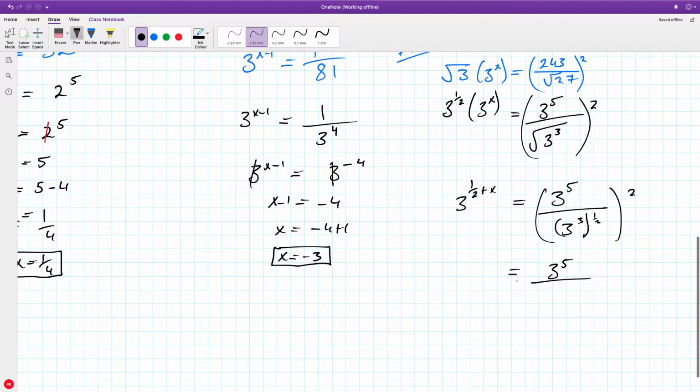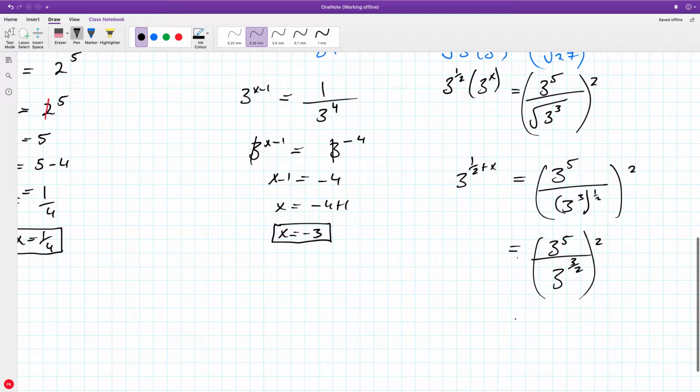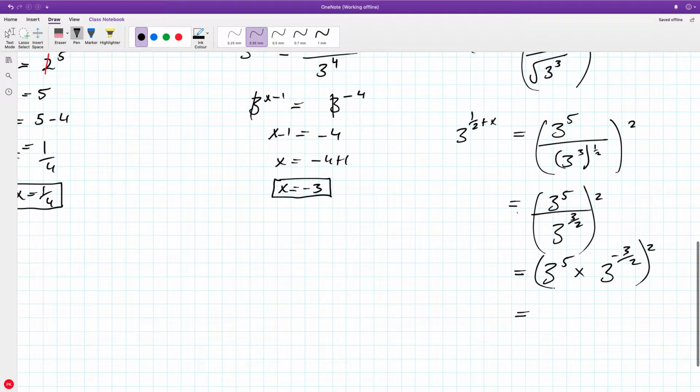Multiply. 3 by a half is 3 to the power of 3 over 2, all to be squared, which is equal to 3 to the power of 5 multiplied by 3 to the power of minus 3 over 2 when you bring it up, all to be squared, is equal to, base is the same, add your powers, 5 minus 3 over 2, 3 to the power of 7 over 2. Base is the same, you add your powers, all to be squared.